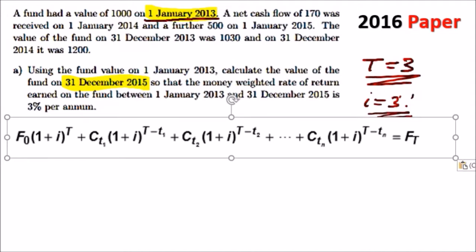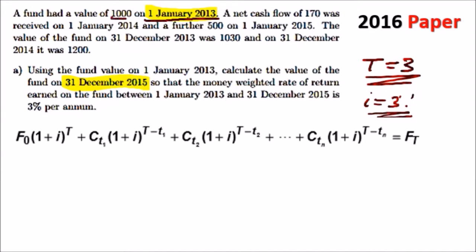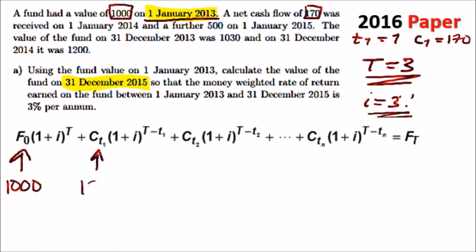This one would be F0, so we can call this one 1,000. A net cash flow of 170 was received on the 1st of Jan, so this is exactly at time 1. So at T1, the value is exactly 1 year with its respective cash flow of 170. So the cash flow here at time 1 is 170.